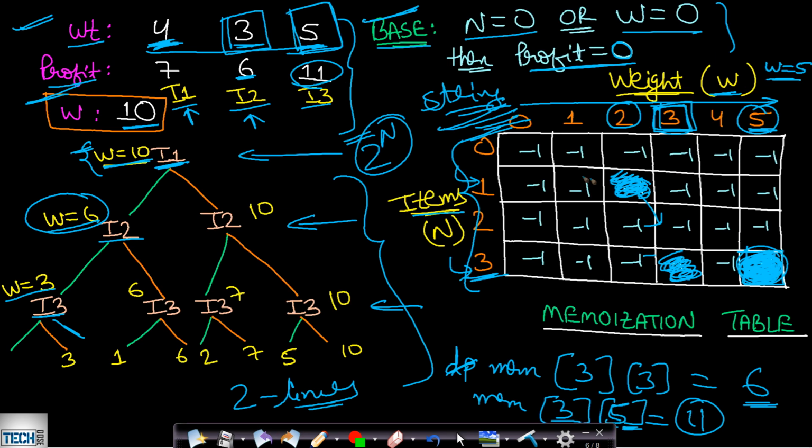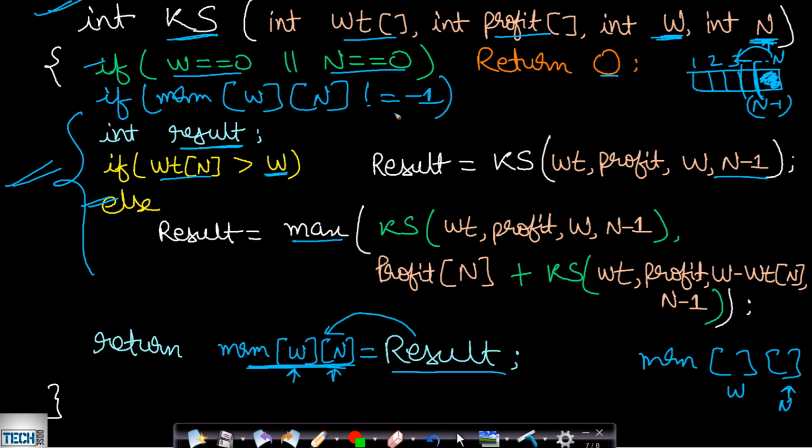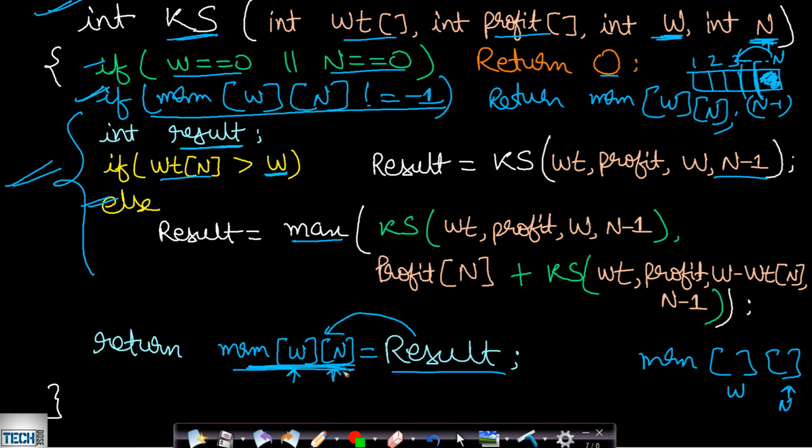If the value for that sub problem is not -1, then obviously it has been calculated, and so you can return whatever the value is at memoization at W and at N. So this is used as lookup. Here you are just checking if the sub problem was already calculated, and in the last line you are storing the result, which is the maximum profit, into your sub problem, which is at Wth row and Nth column. So this is used for updation, and this is used for lookup, that is your return.